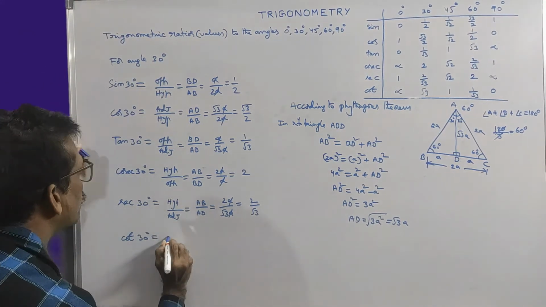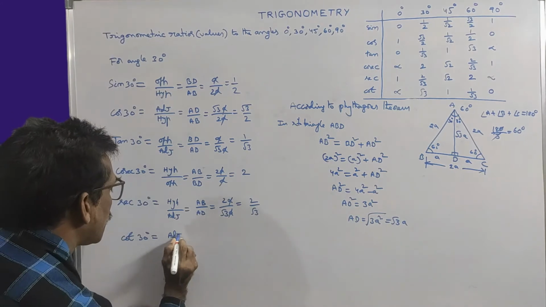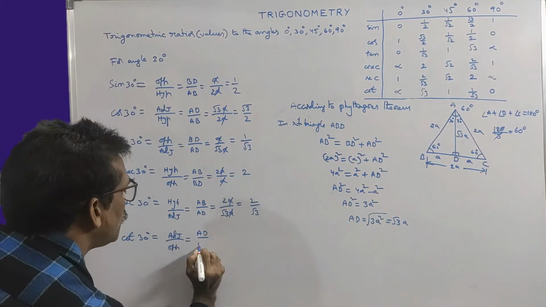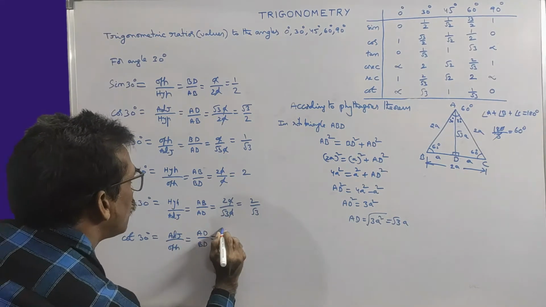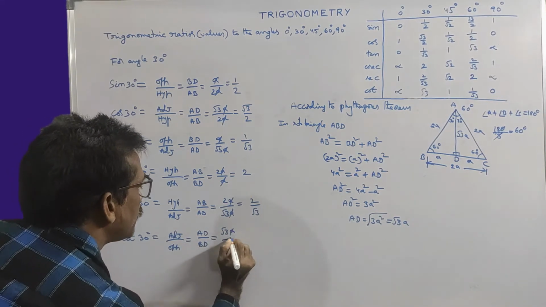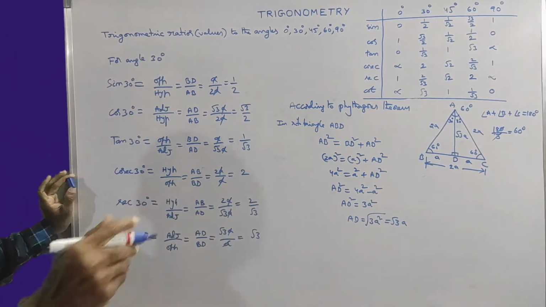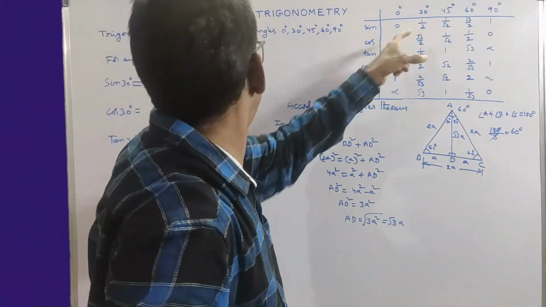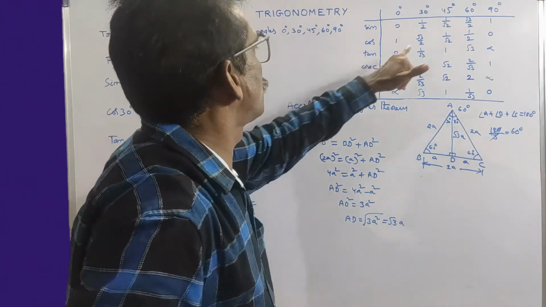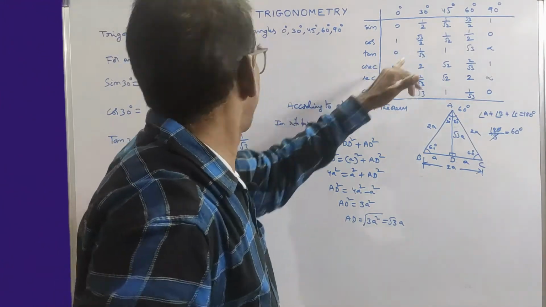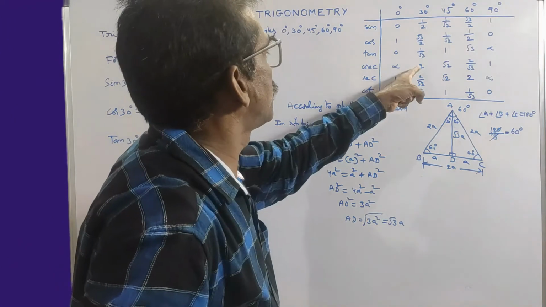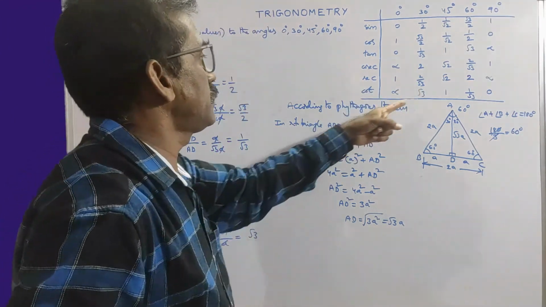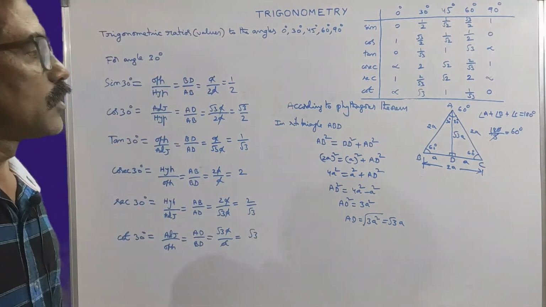The cot formula is the reverse of tan, adjacent side by opposite side, that is AD by BD, that is root 3 A by A, cancel, root 3. These are the values. You can check from the table: sin 30 is 1 by 2, cos 30 is root 3 by 2, tan 30 is 1 by root 3, cosecant 30 is 2, secant 30 is 2 by root 3, cot 30 is root 3. Like this, we can derive them for angle 30 degrees.